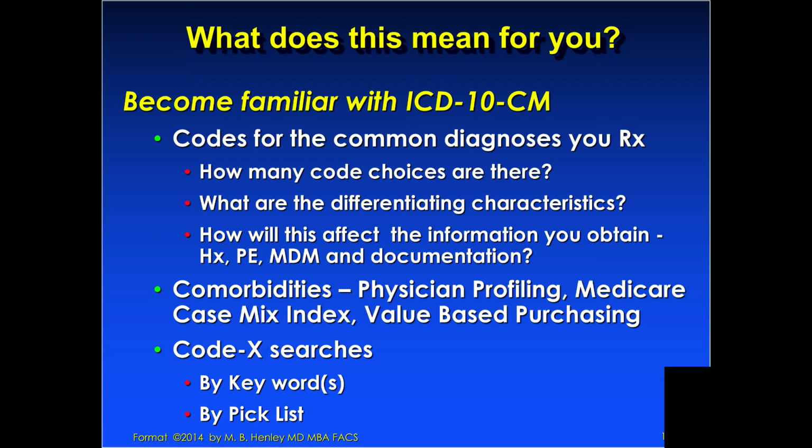And hence, as we go to value-based purchasing, you may be paid less in the future for taking care of a healthier population. Within the university system, hospitals are reimbursed at least by Medicare and others by DRG. Those DRGs are weighted by, or at least the payment for them is weighted by, what's called case mix index. And that's why capturing comorbidities and reporting them on your patients is very important to the hospital. If again I have time, I'll go over codex searches.